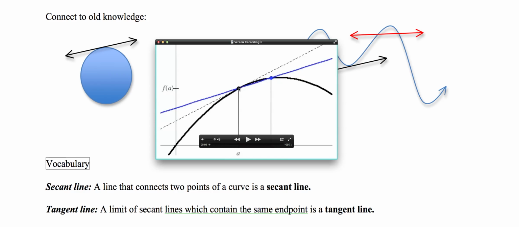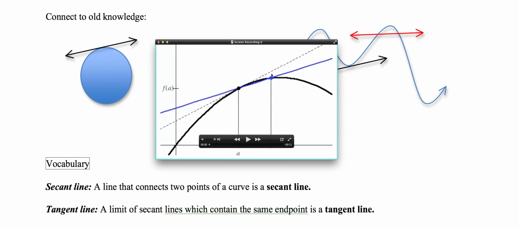Here I've got this black point, which is the point of tangency, and I have this dotted line that is the tangent line. I'm going to create a secant line by choosing a second point on the curve and then connecting the black to the blue, creating this blue secant line. Ideally we want the tangent line, which is just kissing the curve at this 1 point, to be created by moving this blue point.